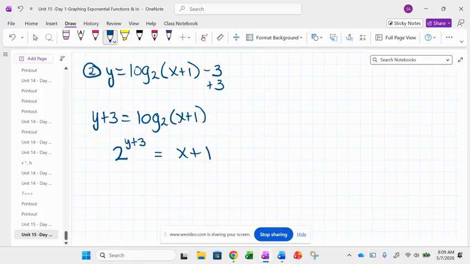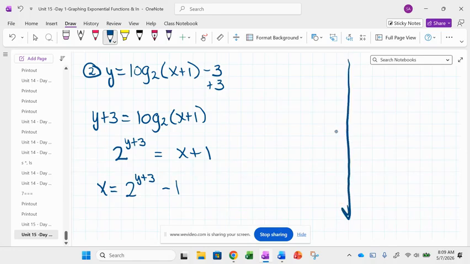All right, before I graph this, do we agree the x has to be by itself? So what should I do? Subtract that 1, exactly. So we're going to have x is equal to 2 raised to the y plus 3 power minus 1. So now this is an inverse that has been shifted. Do we agree? This is an inverse that has been shifted.